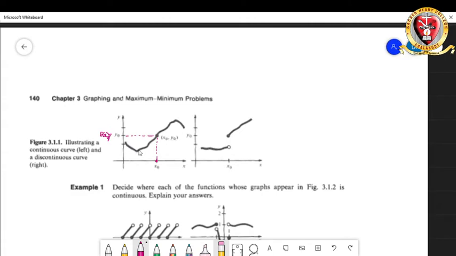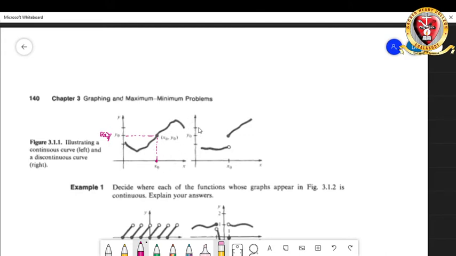Here the function can be drawn without erasing our pen or pencil from the paper. So this is a continuous function.